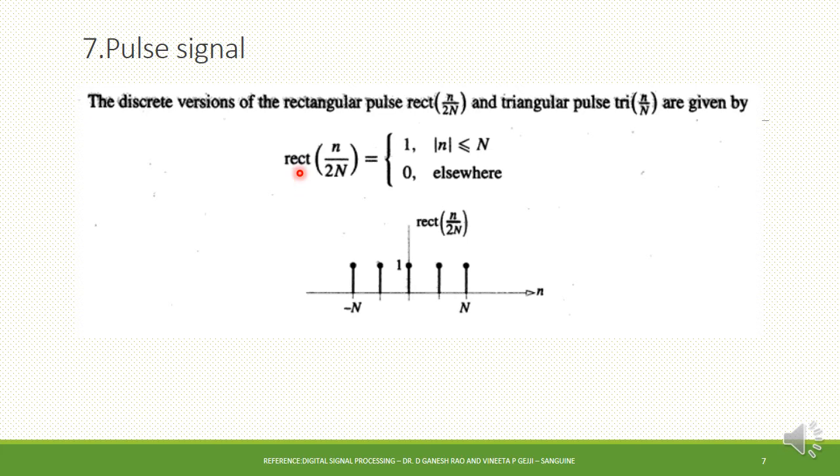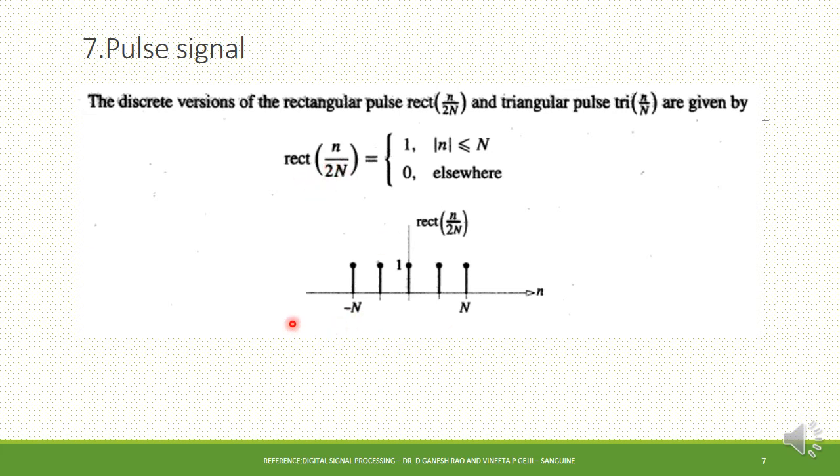The rectangular pulse signal is defined by rect of n by 2N, which is equal to 1 where the modulus of n is less than or equal to N, otherwise its value is equal to 0. This is the graphical representation of the rectangular pulse.